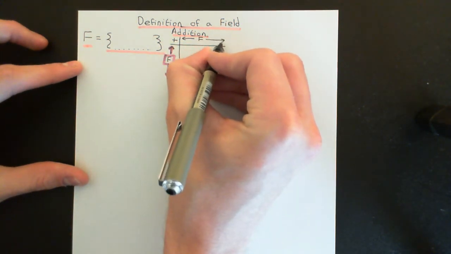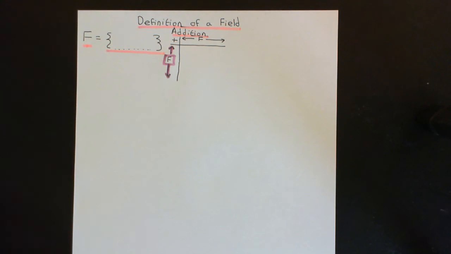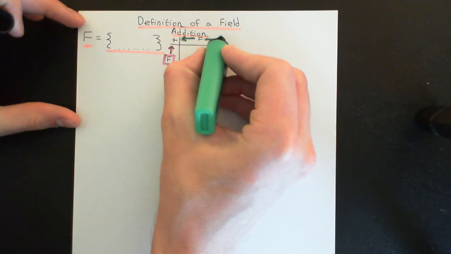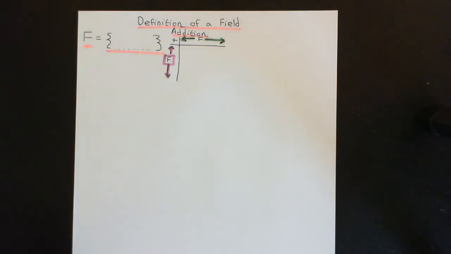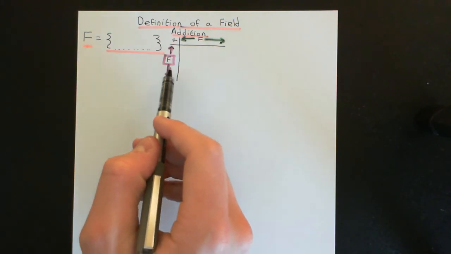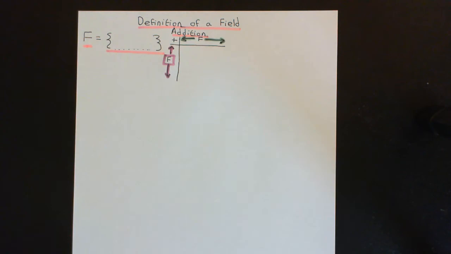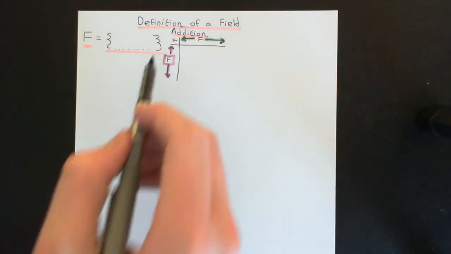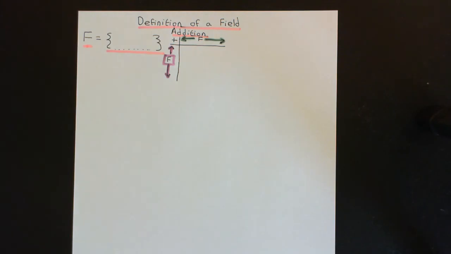We'll give all of the elements of the field a column in this addition composition table. Right, and then what we're going to go through and do is define what any element of the field added to any other element of the field actually is. So we'll have to go through and define all of the answers in this composition table.